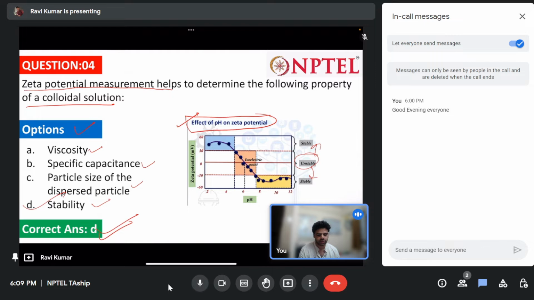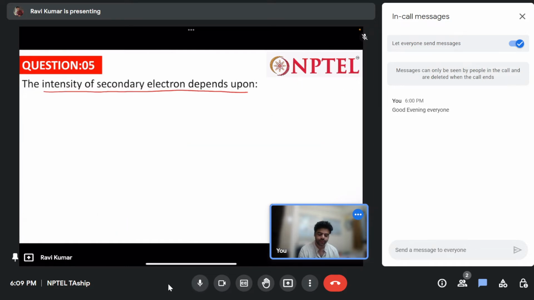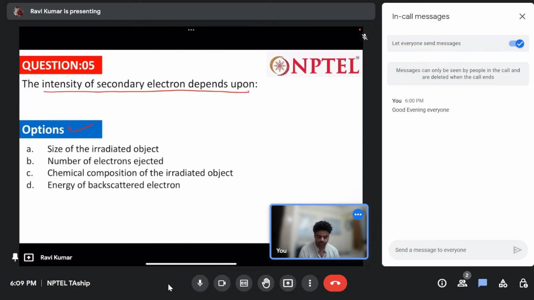Let's move to the next question, which says the intensity of secondary electron depends upon. It is not asking about the energy, it is asking about the intensity of secondary electron, and these are the options.